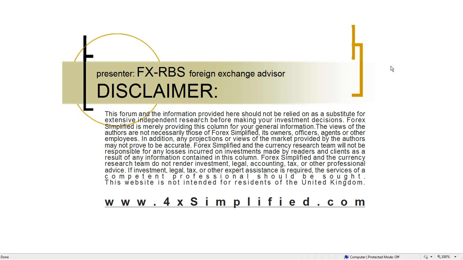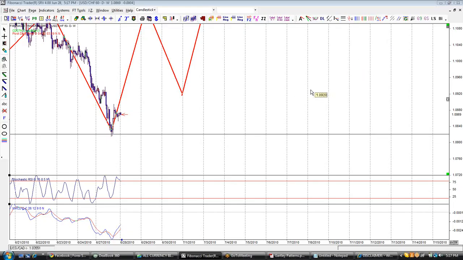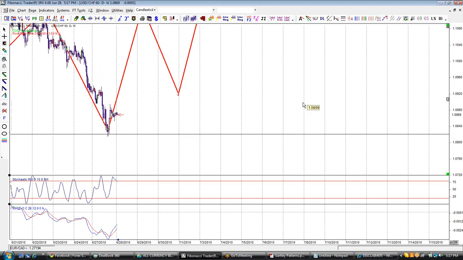resistance area. Now I will start drawing on my charts, and first I will give you an example by me drawing the pattern on the chart, and then we'll actually see this pattern on the candles like a live pattern, so you guys can understand how it works.